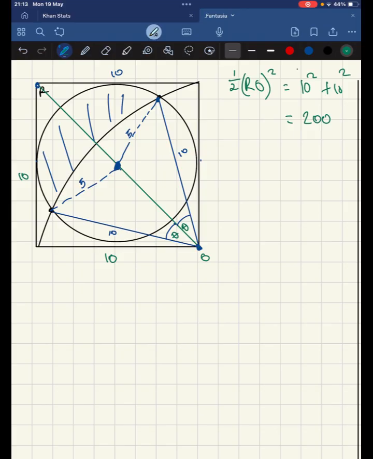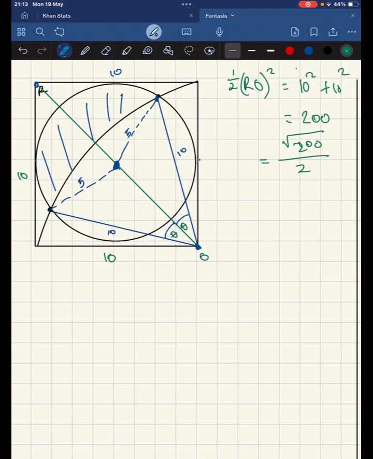And if we say half of that, 200 divided by 2, we would get this distance here, which is then given as 2 centimeters. Okay.